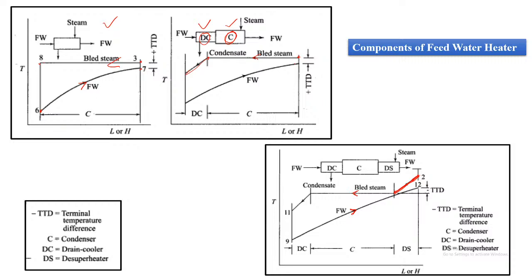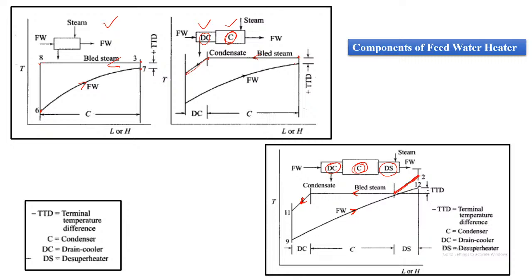Then it will lose its latent heat in the condenser. So this is the desuperheater, this is the condenser, and this is the drain cooler. Again in the drain cooler, the steam which was bled from the turbine will become liquid, and then that liquid will further get cooled in the drain cooler.